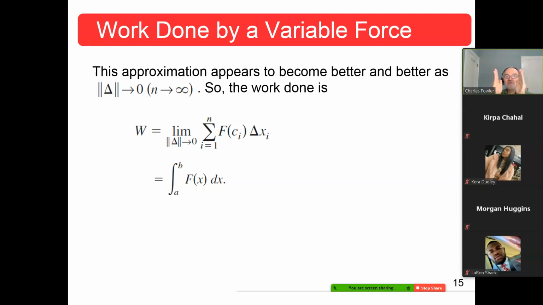But as you get more and more of them, even that big one is going to get squeezed. So the work done would be the limit as that norm goes to 0 of that summation from i equals 1 to n.